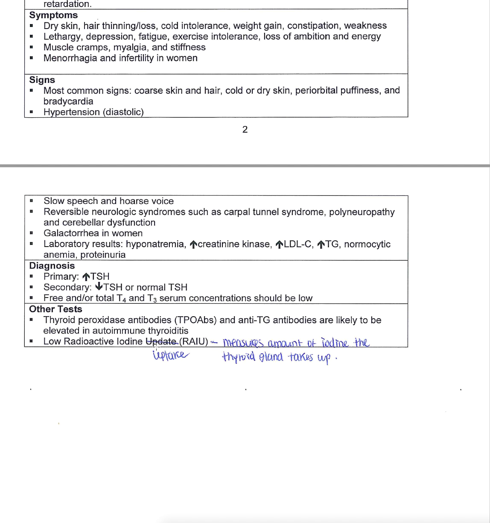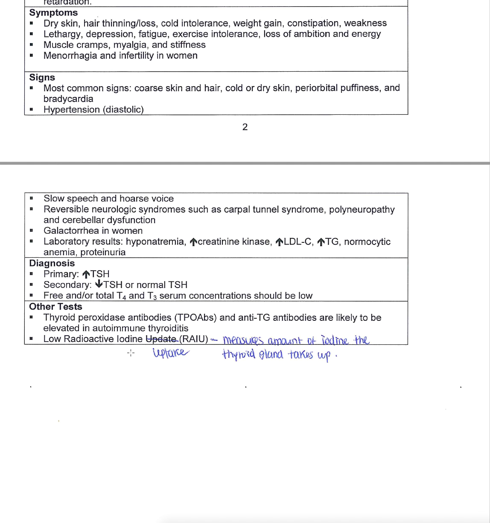Radioactive iodine uptake is basically measuring how much iodine the thyroid gland takes up. So it shows the production of thyroid hormones and the distribution, by giving this radioactive iodine and seeing how it gets distributed. So when they have low radioactive iodine uptake, that shows hypothyroidism.